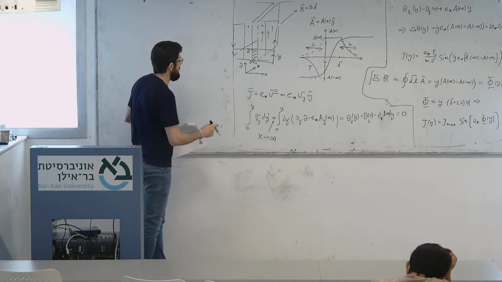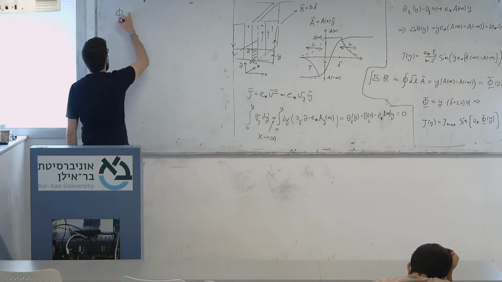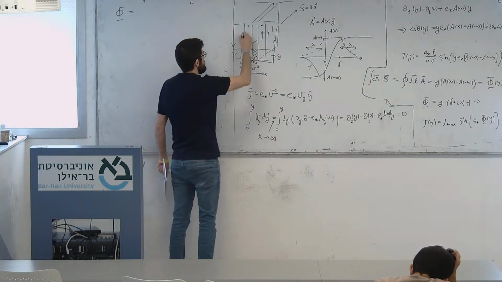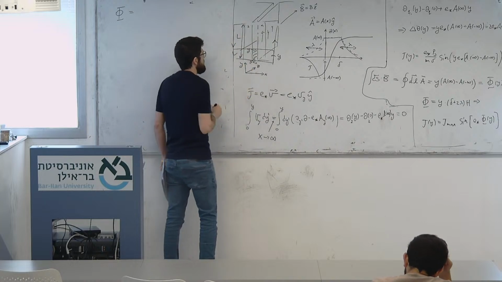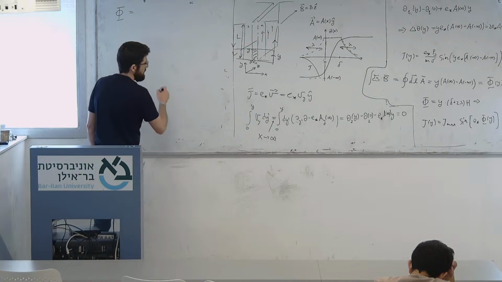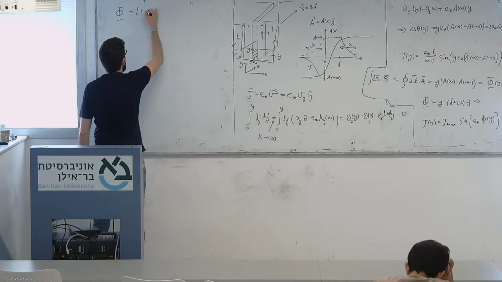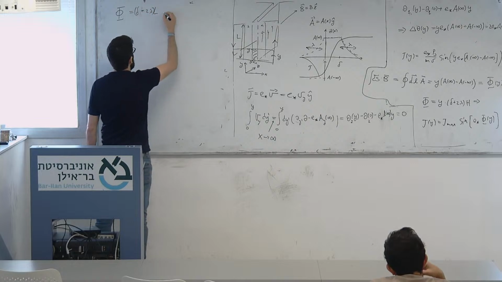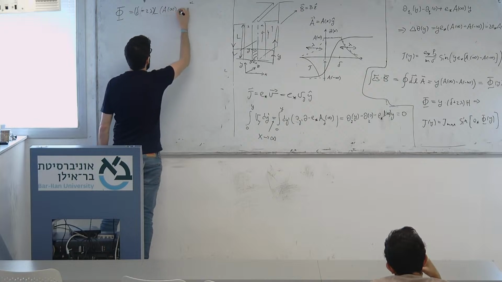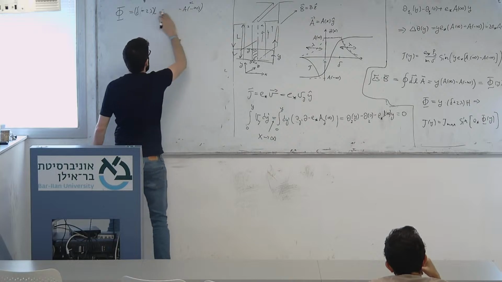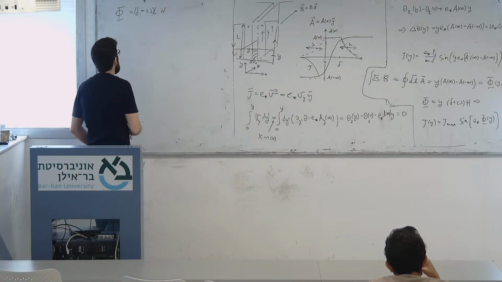So basically, imagine that phi total is, let's say that this size of the boundary is something like L. So phi total would be something like delta plus 2 lambda times L, times A of infinity minus A of minus infinity, times H, the magnetic field.